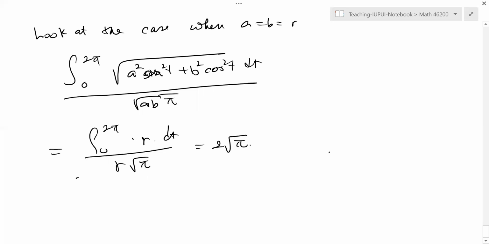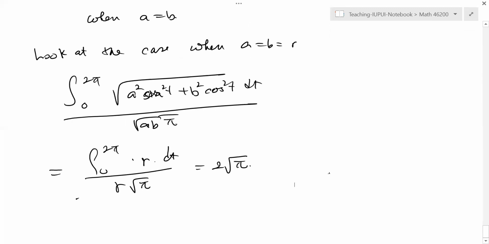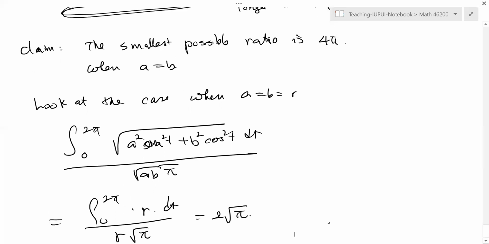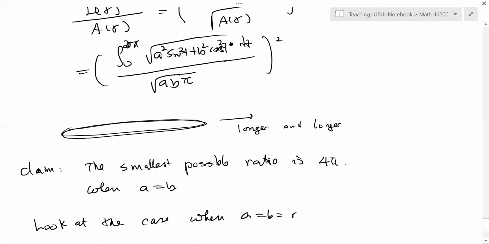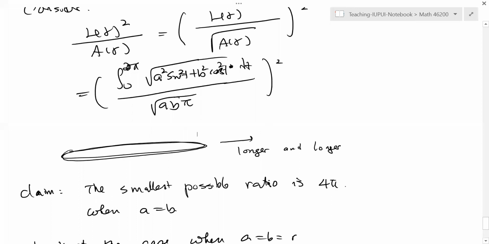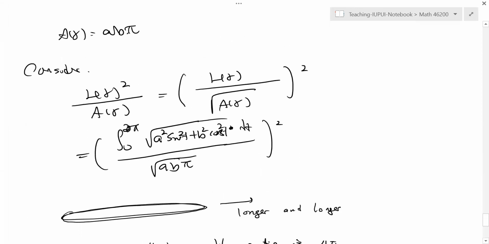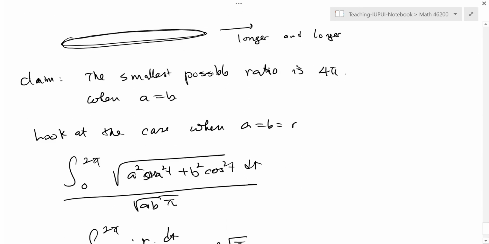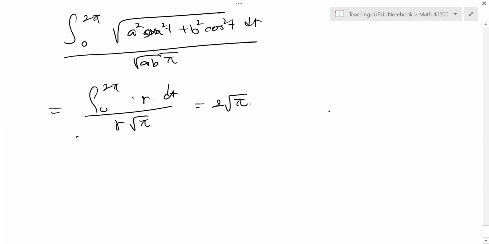Now in general, it's not easy to prove. I just want to say that when it's a circle, the smallest possible value is reached. In general, we always have this inequality, which is what we're going to do next time.